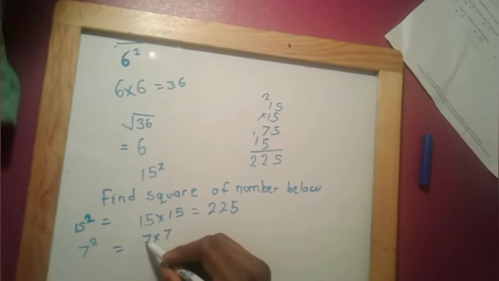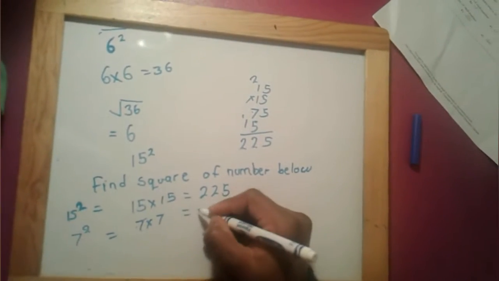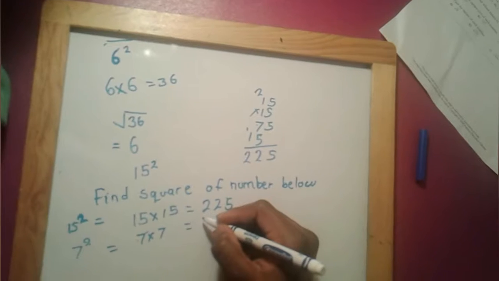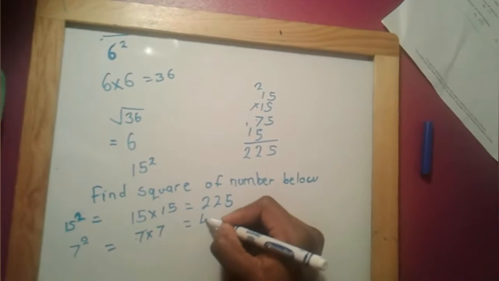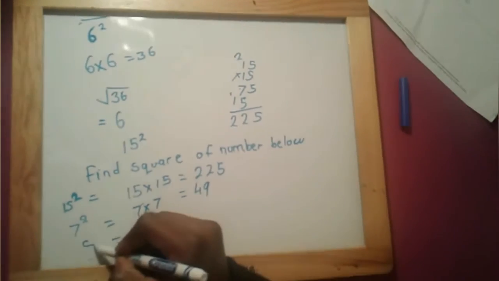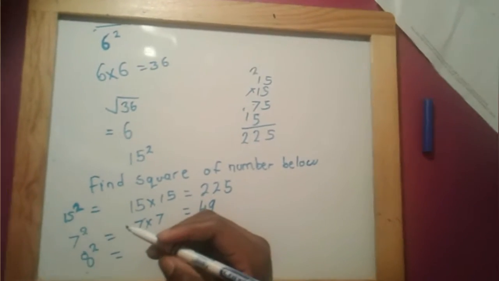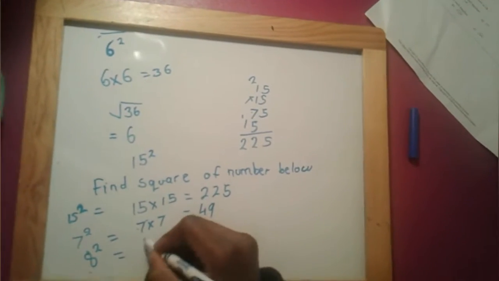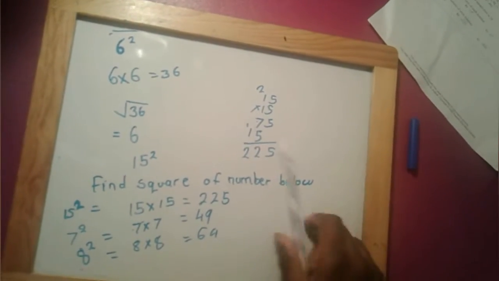And 7 times 7 is 49. And if the question is 8 squared, it will be 8 times 8, which is 64.